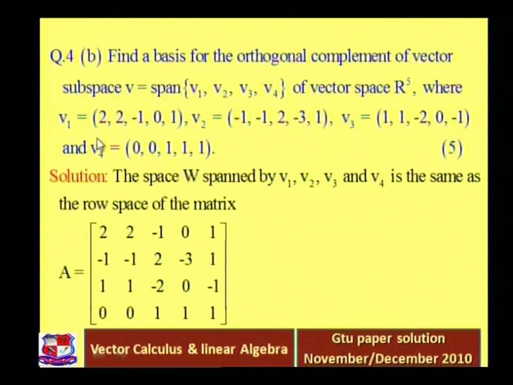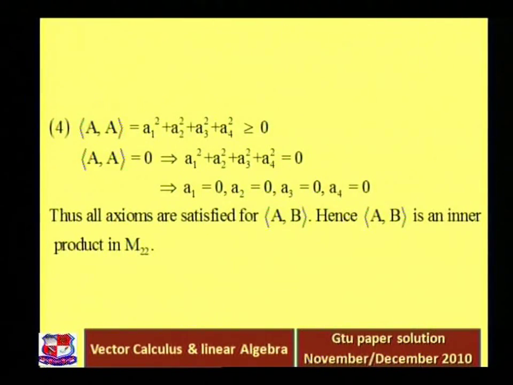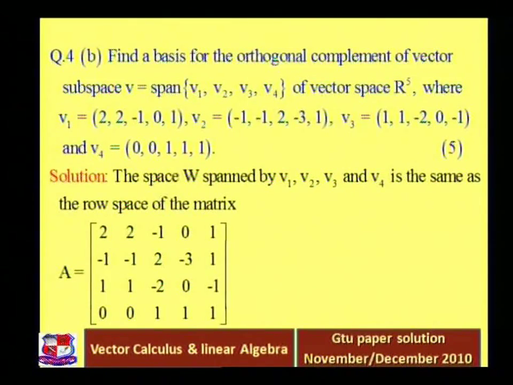Now there is one important theorem which we can use to solve this example. It says that the orthogonal complement of the matrix A, right, is exactly the null space of that matrix.